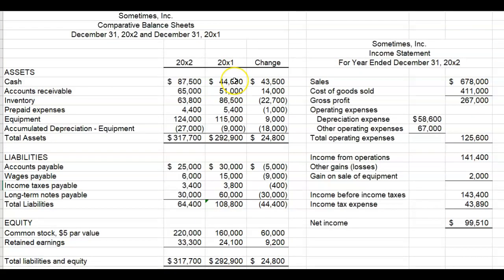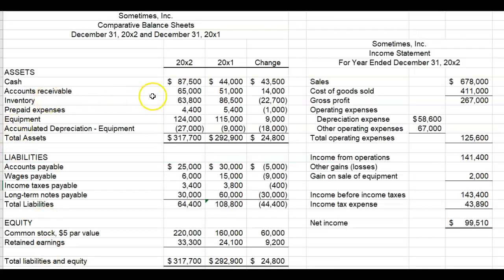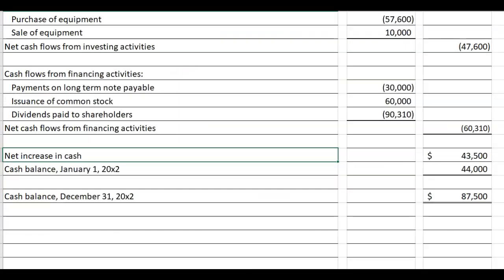Last year's ending balance of cash is this year's beginning balance of cash. Add the increase in cash to the beginning cash balance, and you've calculated cash balance at the end of the year, December 31st, 20X2 of $87,500. Then compare that number with your balance sheet, $87,500. It's the same, so there's probably no addition or subtraction errors in your cash flow statement.